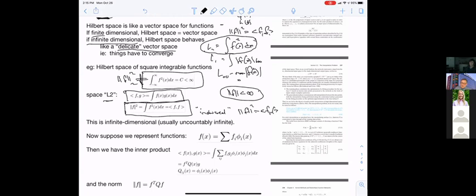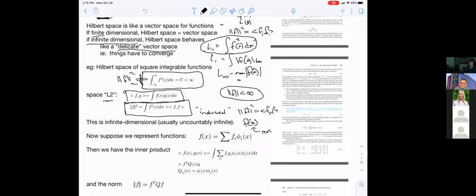This is important because when you think about functions, how many functions f of x are there? If x is real, and that's usually what we mean, the set of functions over the real numbers can take different values for every single value of x. So x is real, so there's an uncountable number of x's. That means f of x has an uncountable number of values, and the number of possible functions is that to the nth power.